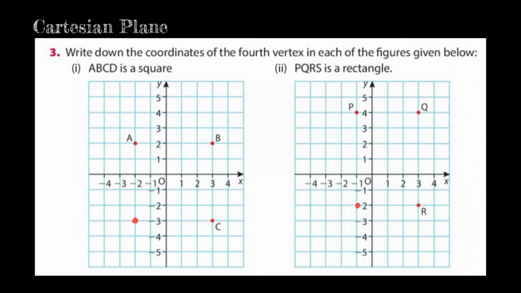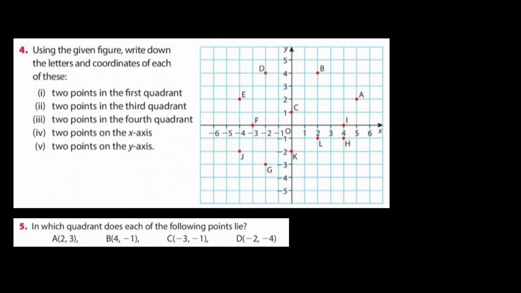Okay, so that first one was quite straightforward. We'll have a look at the next one. So using the given figure, write down the letters and coordinates of each of these. 2 points in the first quadrant.